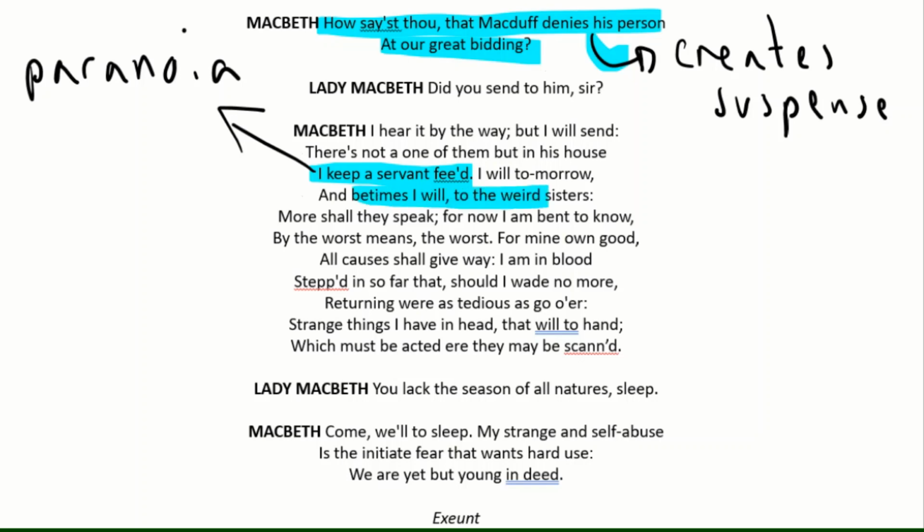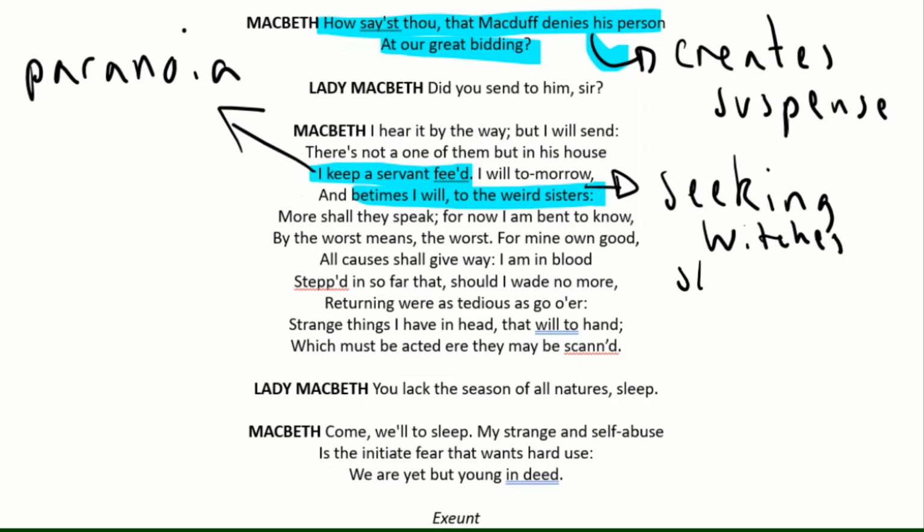And he's going to speak to the witches. He's actually seeking out the witches now. Seeking witches. And this shows not only his desperation, but also the influence that evil has on him.